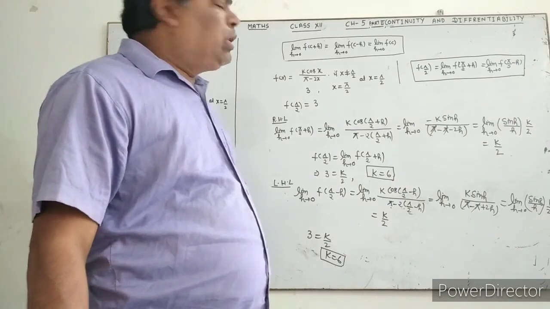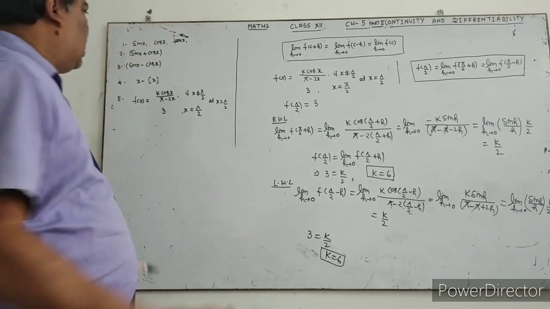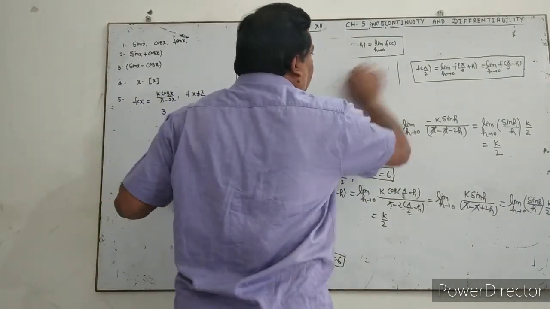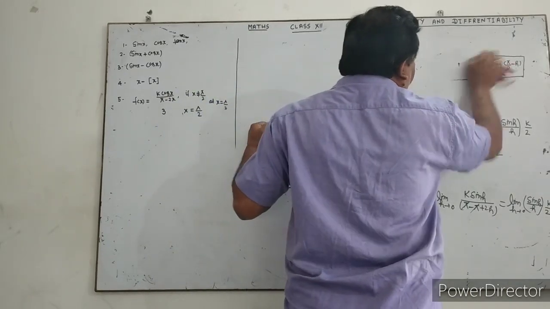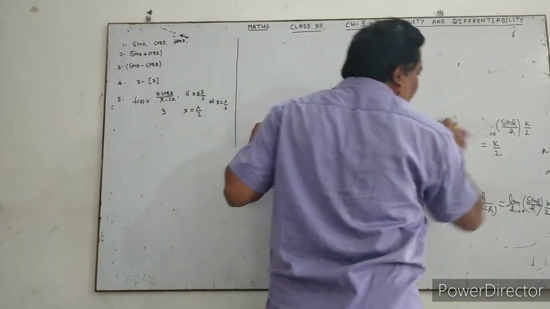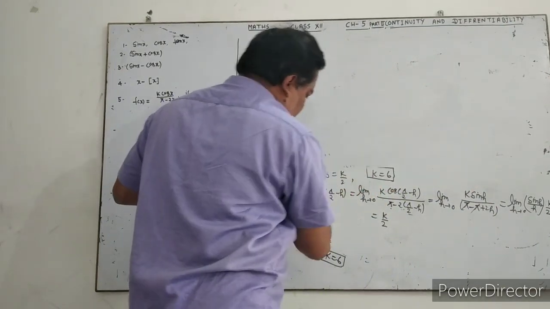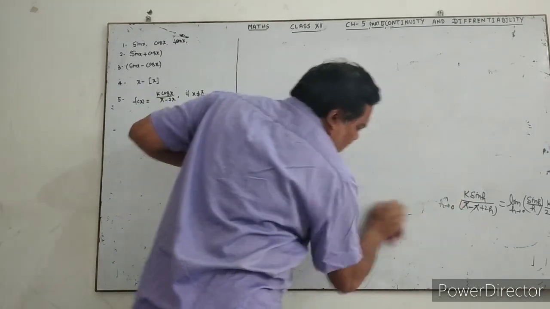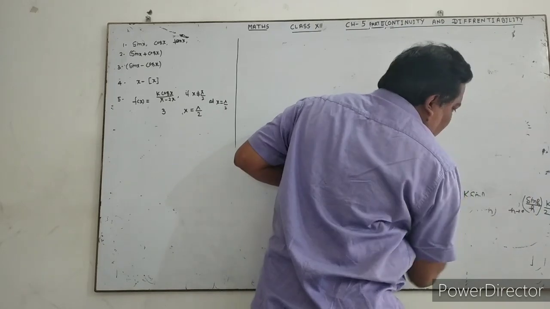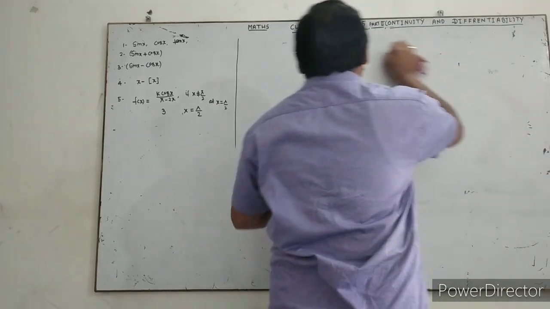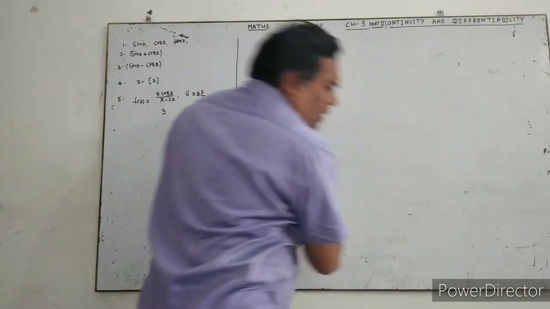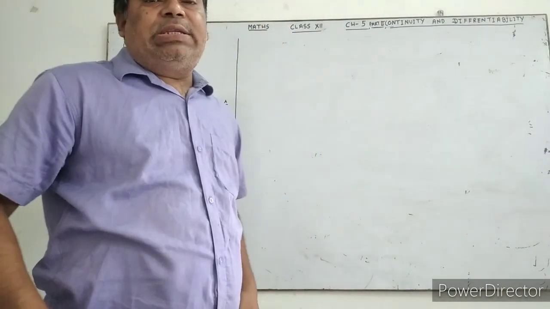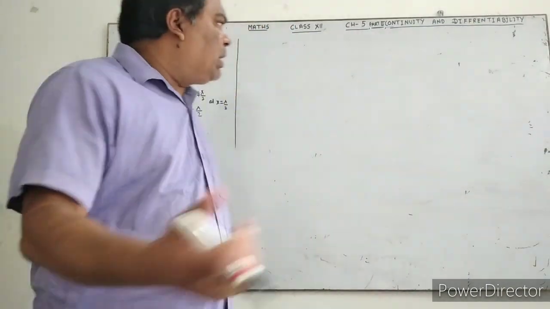Now one important theorem we will discuss. What is the statement? If f(x) and g(x) are two continuous functions, then the composition is also continuous.